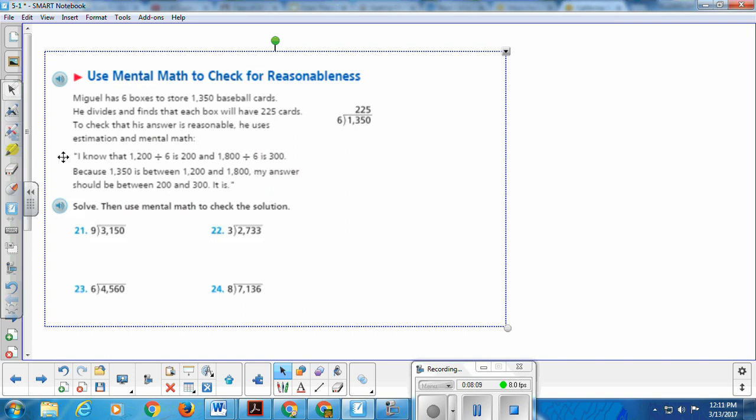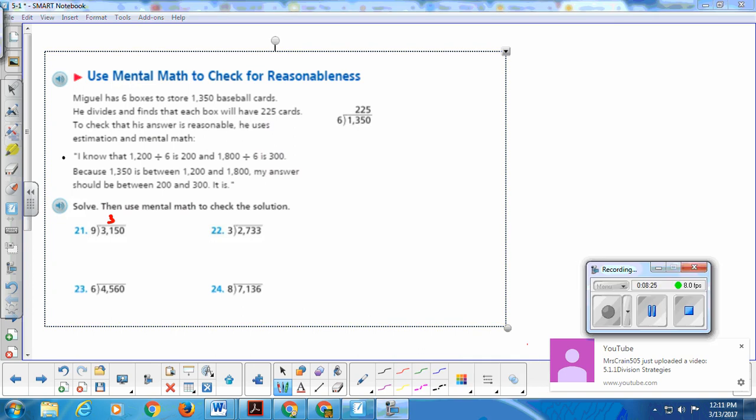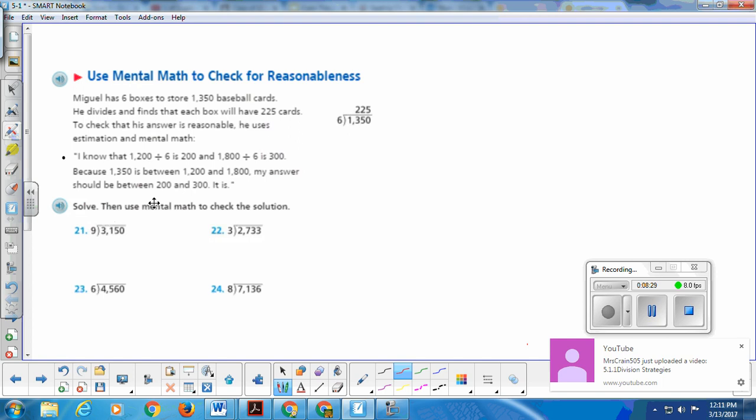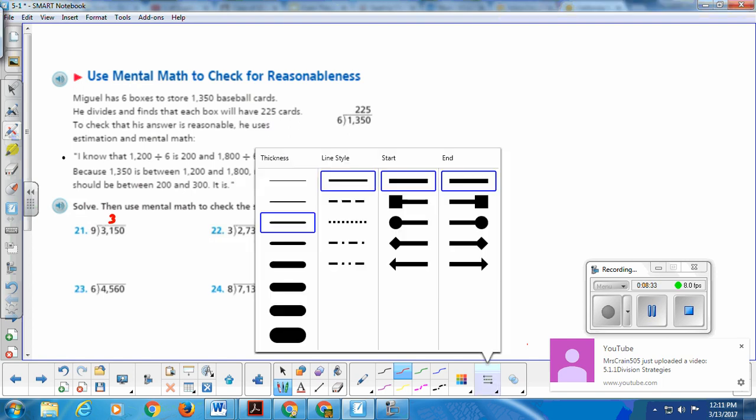So if we're looking at like this number 3,150. If we were doing just dividing, we would go 9 into 31, 3, 3. Sorry, the line is not skinny enough for me.